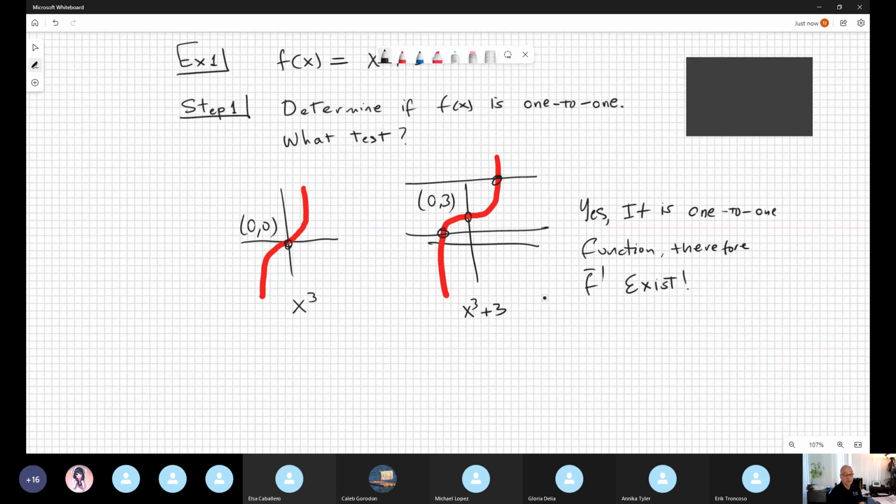And step 2 is to determine or find. Either way, find. Find what? Find the inverse function equation.